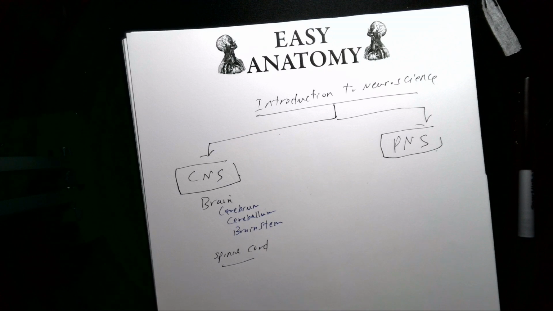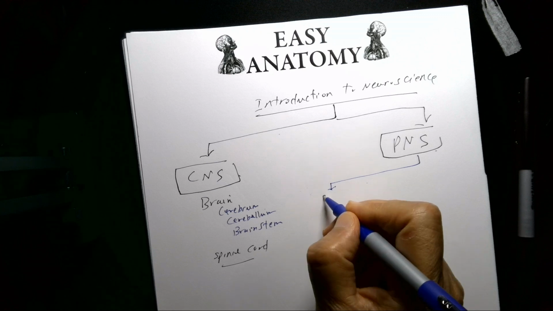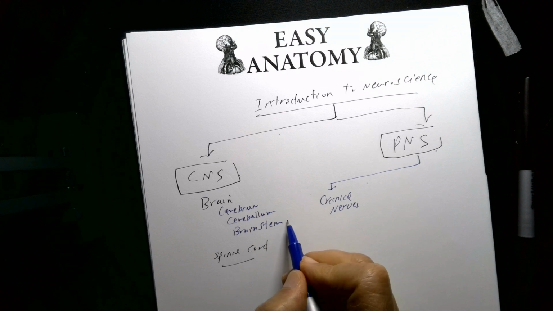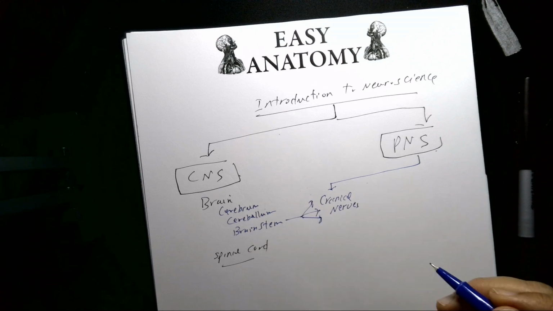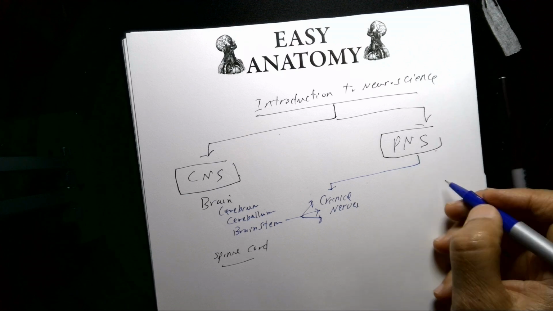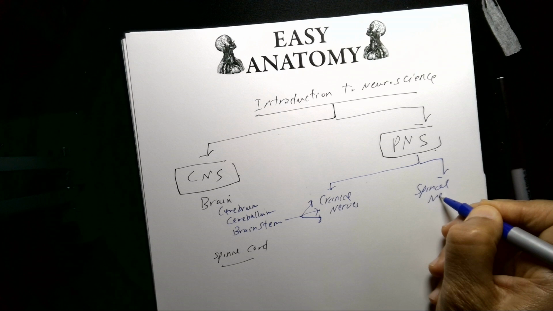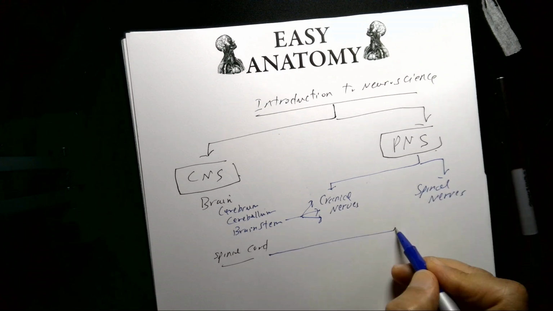Then the peripheral nervous system: you have cranial nerves, which are coming from the brainstem, 12 pair, and then you have spinal nerves, which are coming from the spinal cord, and this is 31 pair.